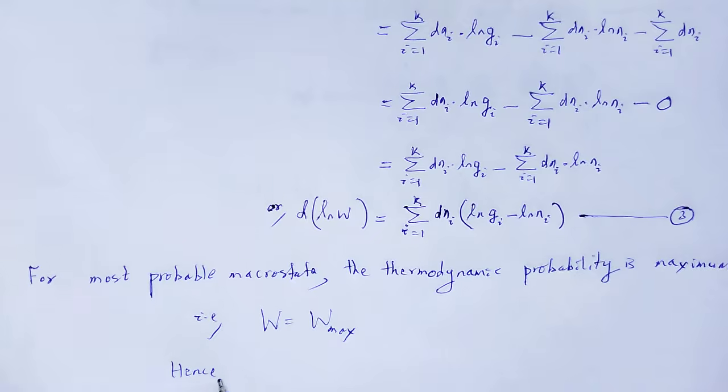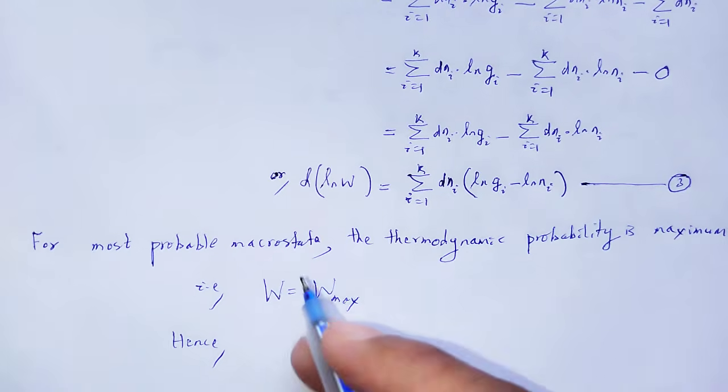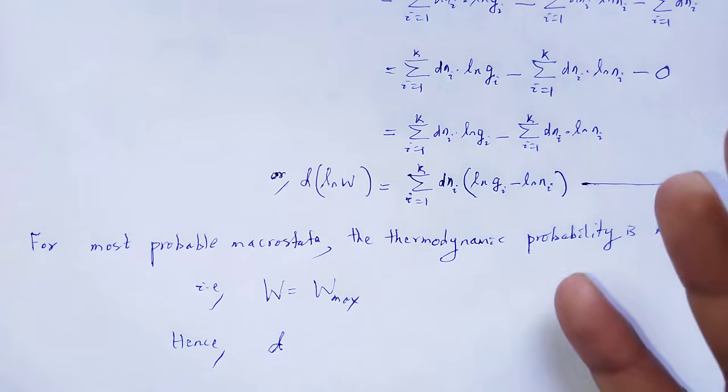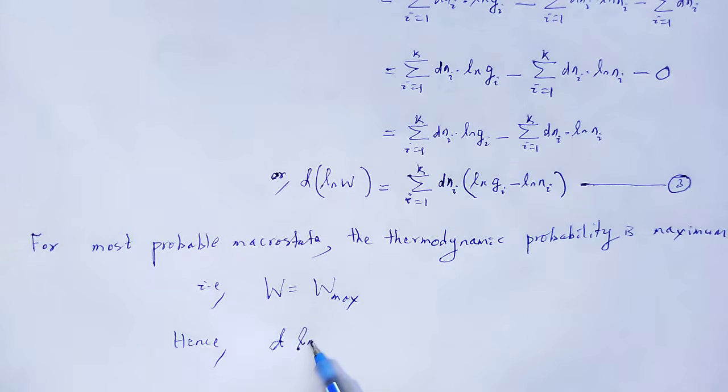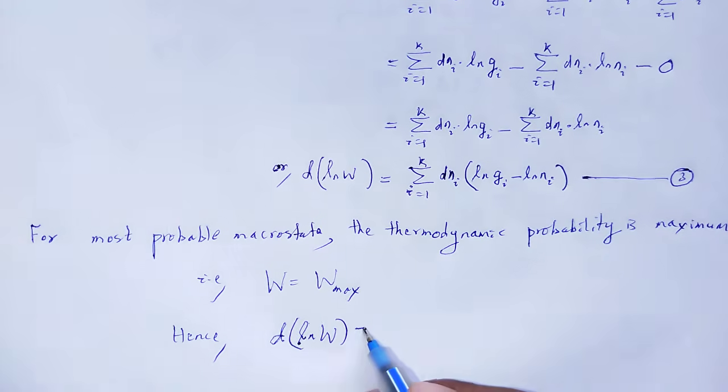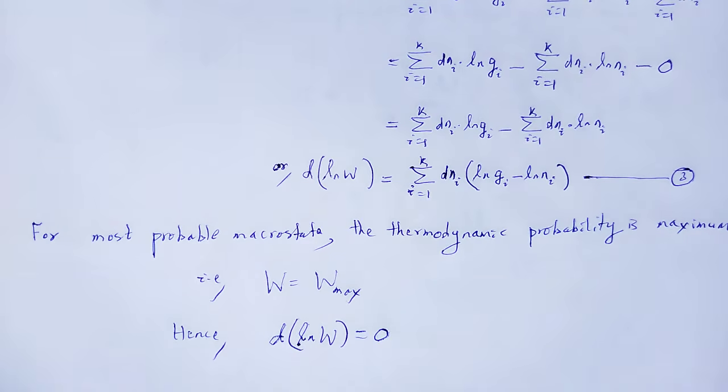Hence its differentiation dW will be 0, therefore d ln W, since it is a maximum, its differentiation results as 0.